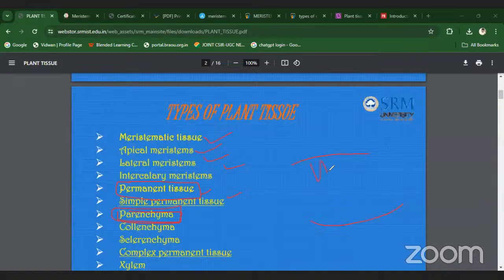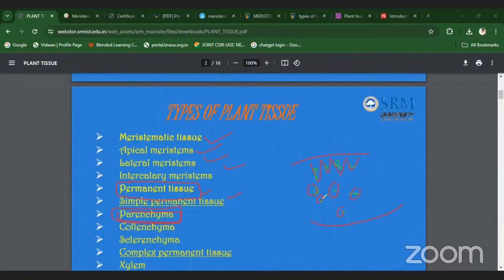These mesophyll cells are one type of parenchyma, called chlorenchyma because they contain chlorophyll pigment.